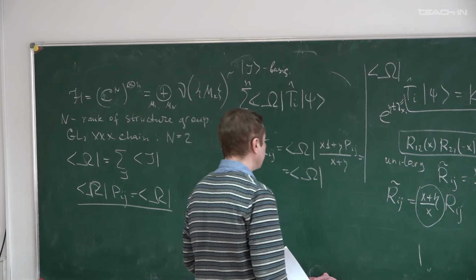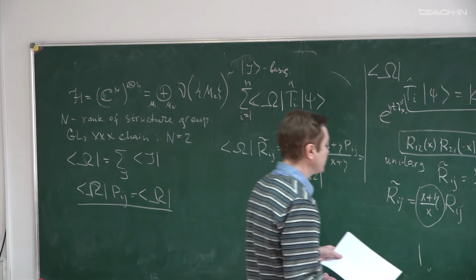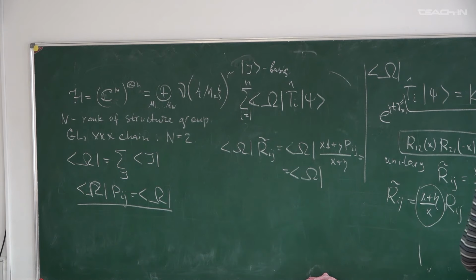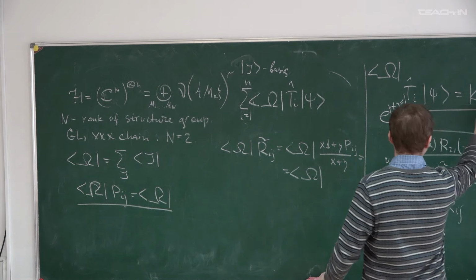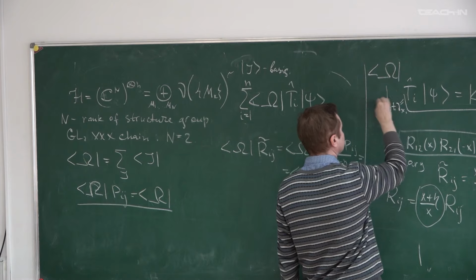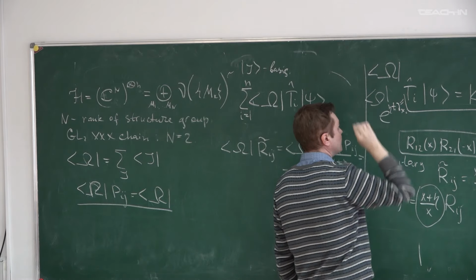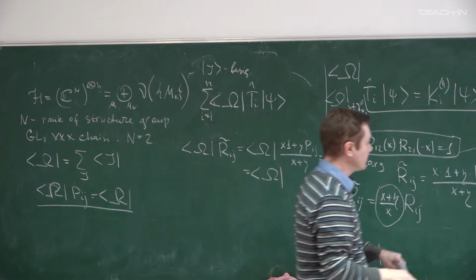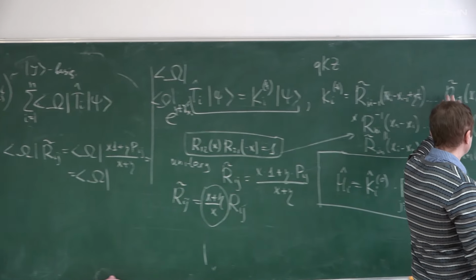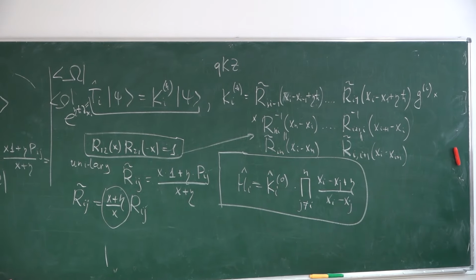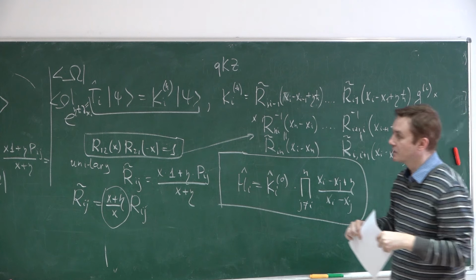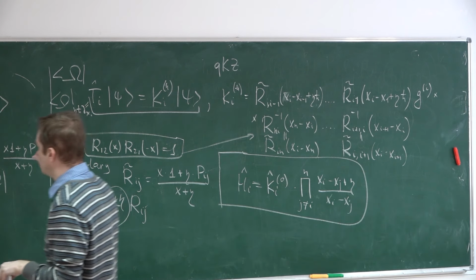But what we do, we multiply both sides of this equation by this omega. We have shifted R matrices here, and we use this relation in a very tricky way.